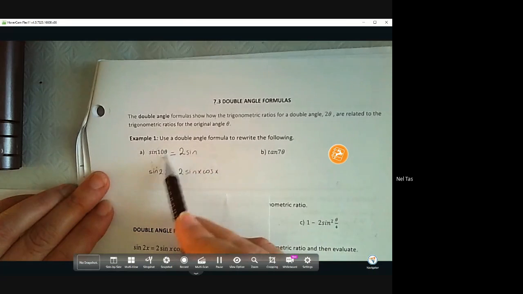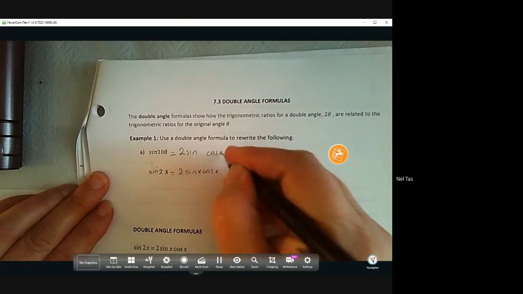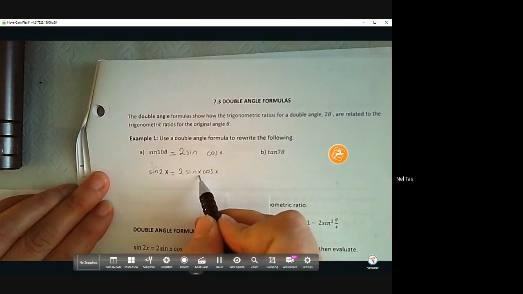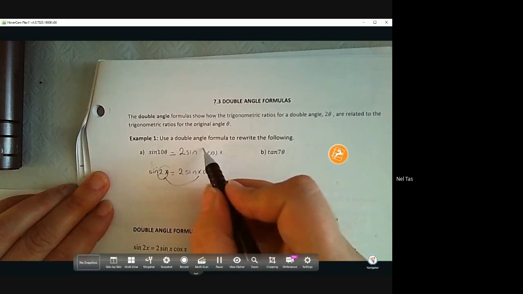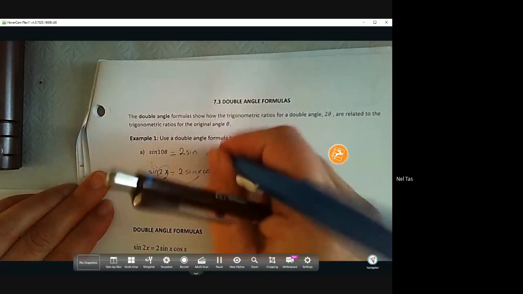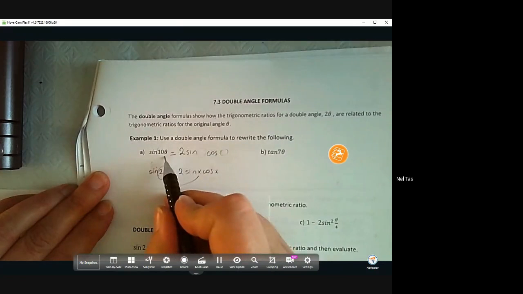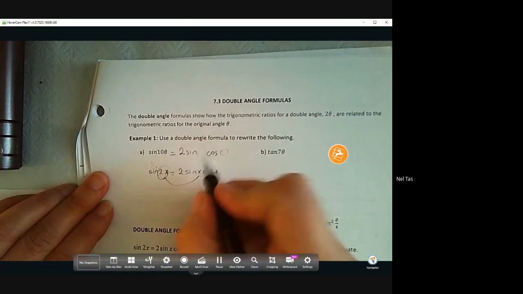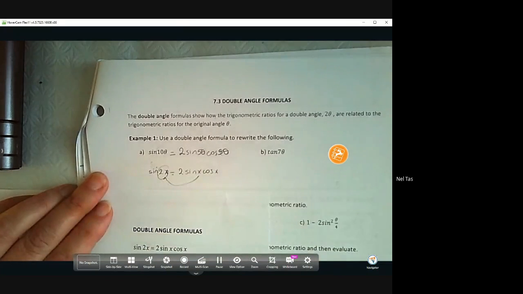If this is 10 theta, what angles should we put here then? This x is half of 2x. Then whatever I put here and here should be half of that angle. So 5 theta and 5 theta would be the answer.